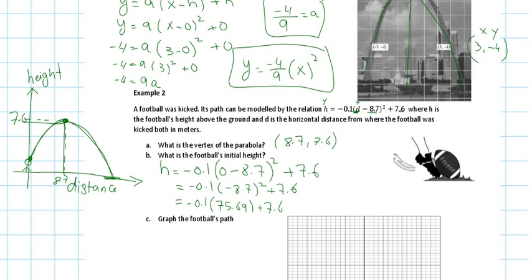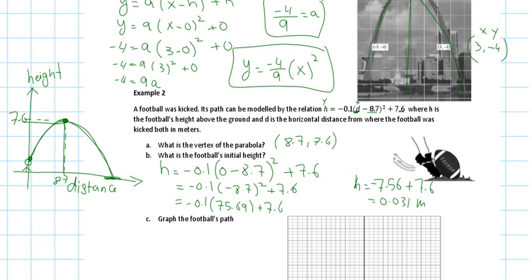Then now I have to do the multiplication with a negative 0.1. Then my answer is 0.031 meters.